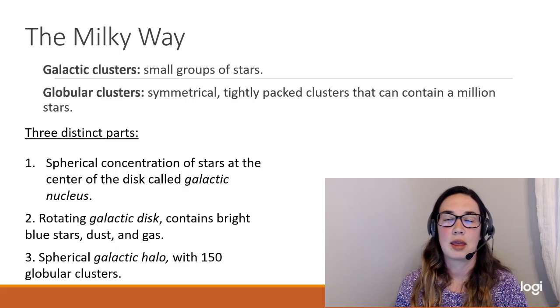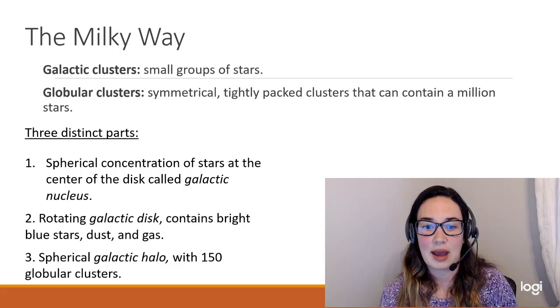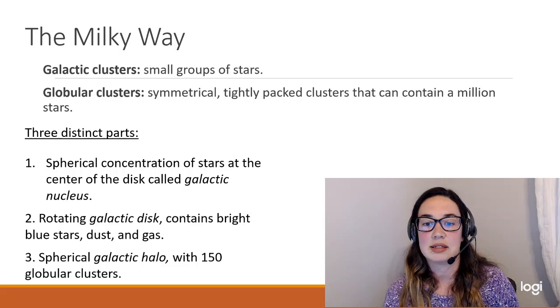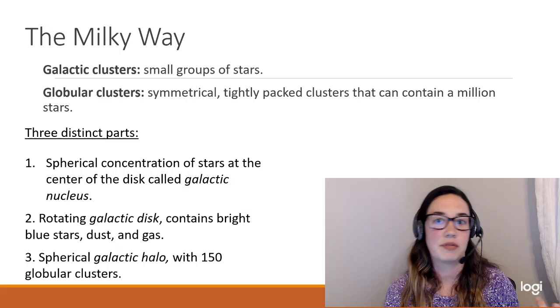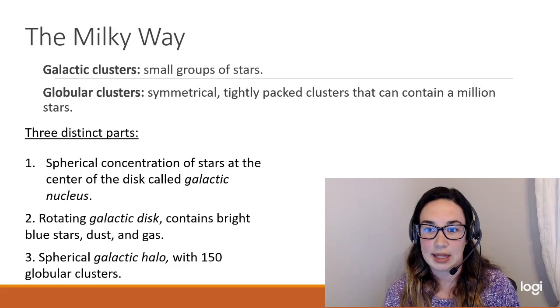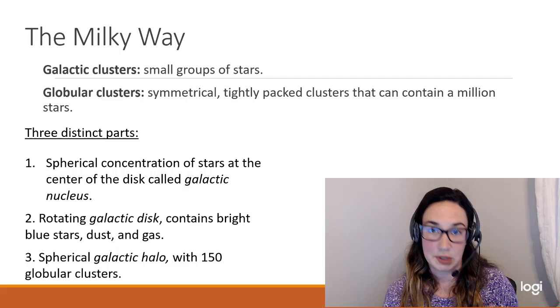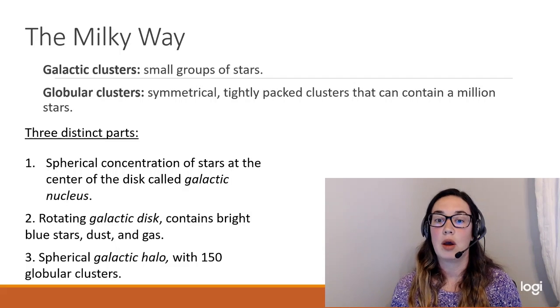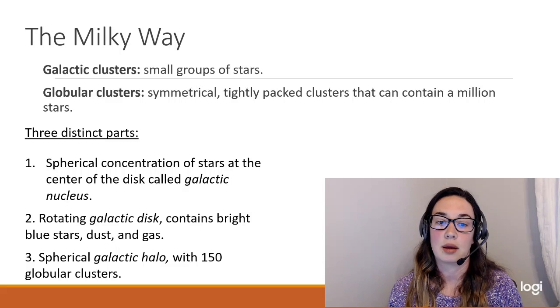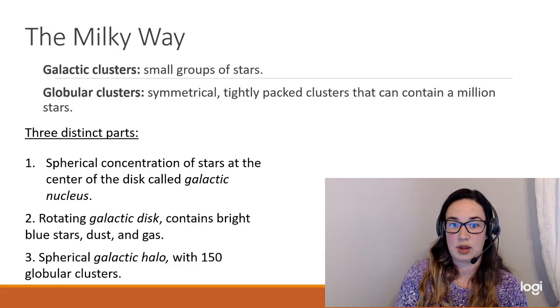And then lastly we have the spherical galactic halo. This can contain over 150 globular clusters, which are the very symmetrical, tightly packed clusters that contain millions of stars. And so we have over 150 of those clusters, forming kind of like a circular halo in the Milky Way.